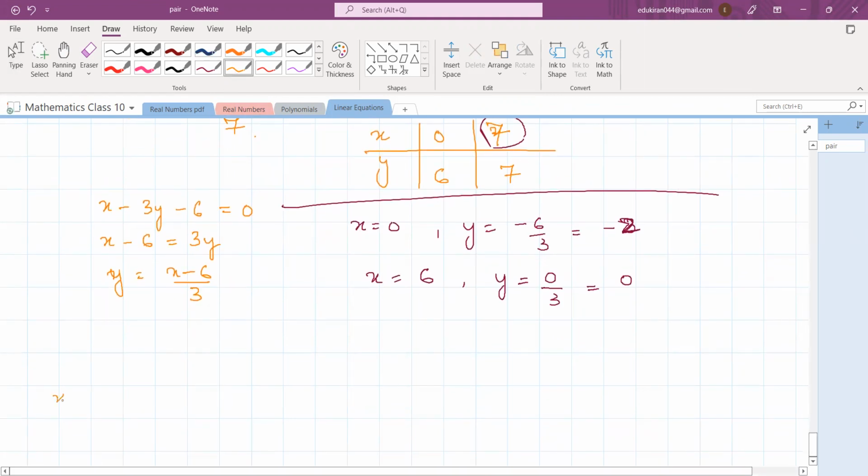So my first table is: x is 0, y is 6; x is 7, y is also 7. And my second table is: when x is 0, y is minus 2; when x is 6, y is 0.